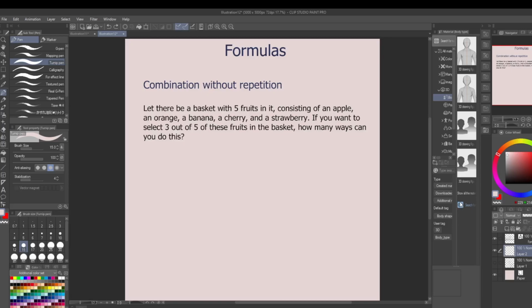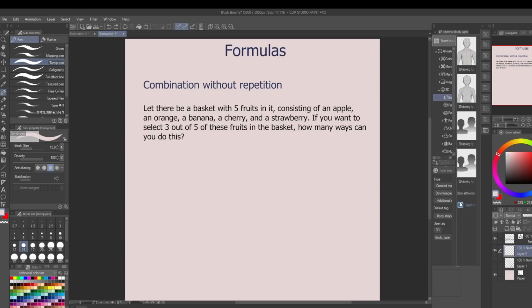So we had an example from earlier that was, let there be a basket with 5 fruits in it, consisting of an apple, an orange, a banana, a cherry, and a strawberry. So if you want to select 3 out of these 5 fruits in the basket, how many ways can you do this?